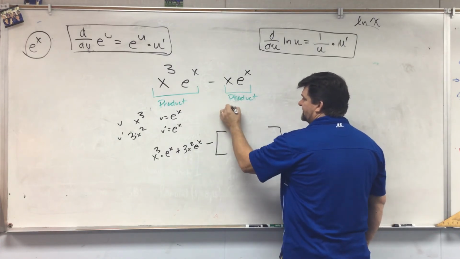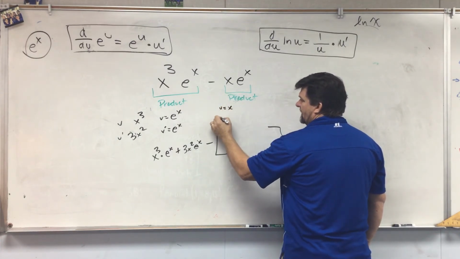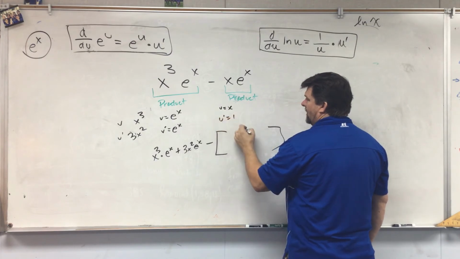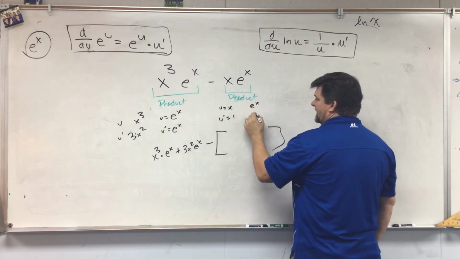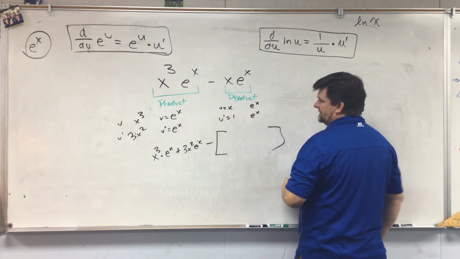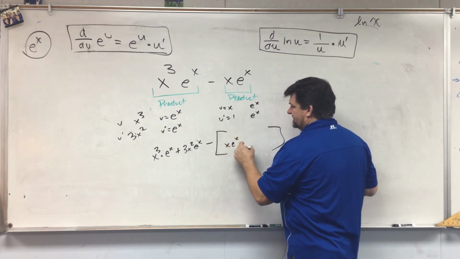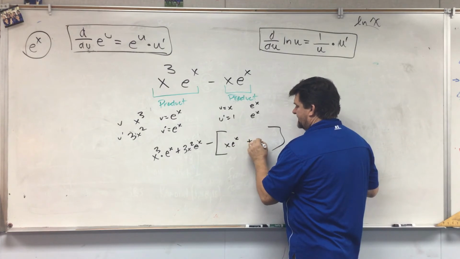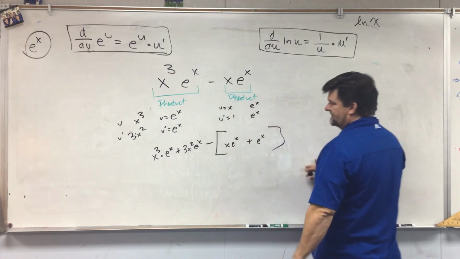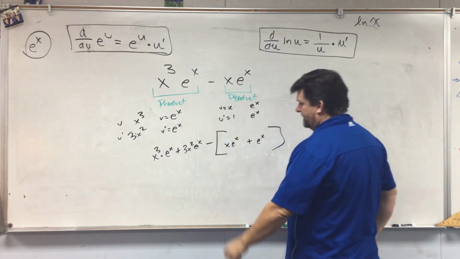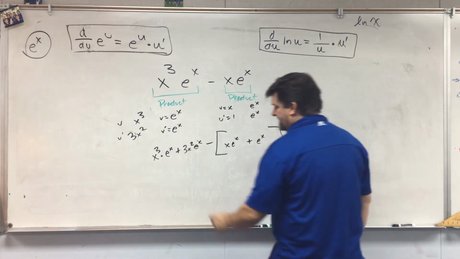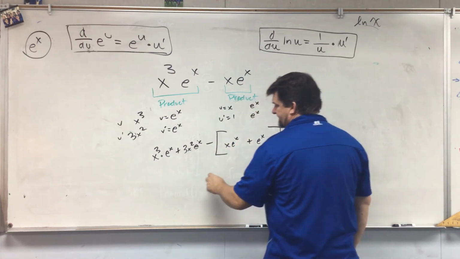So x is our u on this side. U prime is equal to 1. Then we have e to the x and e to the x. So x times e to the x plus e to the x. Now we just got to clean all this stuff up so we get this big long equation with the distributed piece in there.